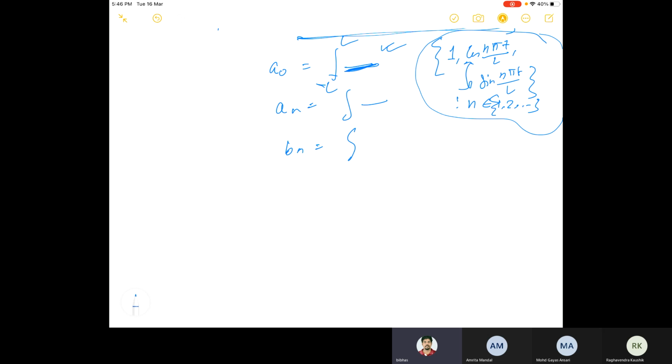That means in your time you'll get some values. So you'll get a function like this. Let me just write it like this. Then you can say approximately your function looks like this.